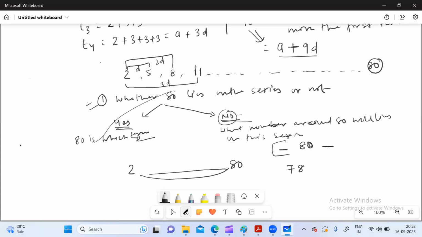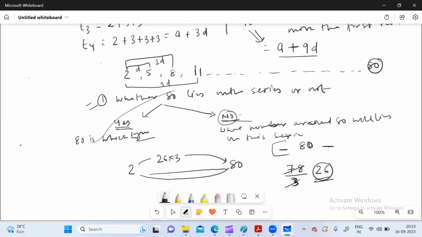And if this 78 can be divided by 3, like if you can count in integer terms that this many 3s will make 78. Of course it is divided by 3, it gives 26. So now we can say that 80 is 26 times common difference away from the first term.